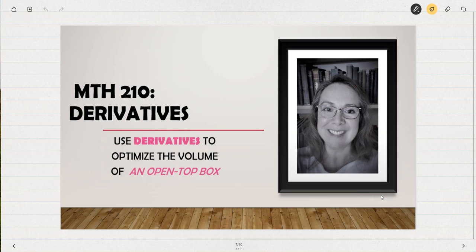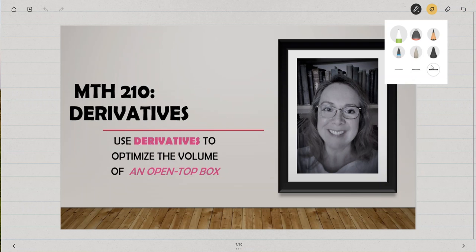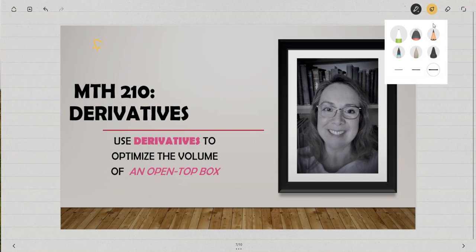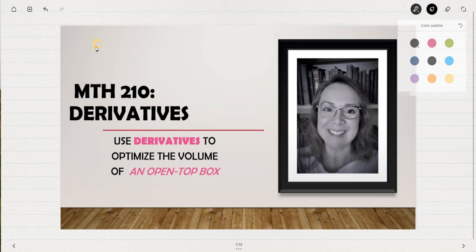When we get to calculus, we find that when the derivative of a function is equal to 0, we get an optimal value. So let me write that just to make sure everyone's understanding what I'm saying.